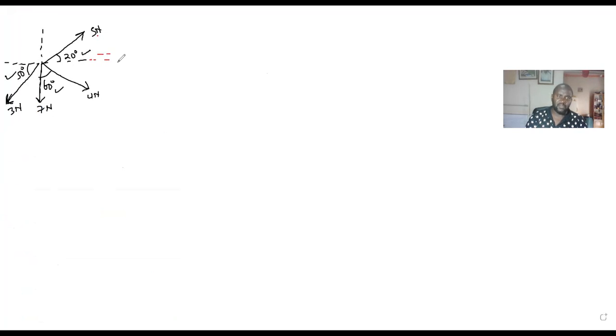What shall we have in the horizontal? 5 cos 20. When you move away from the angle, we use what? Sine. As you move away with the 5, what do you have? 5 sine 20.